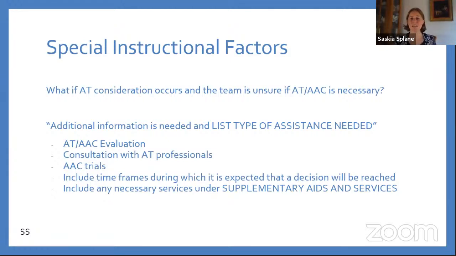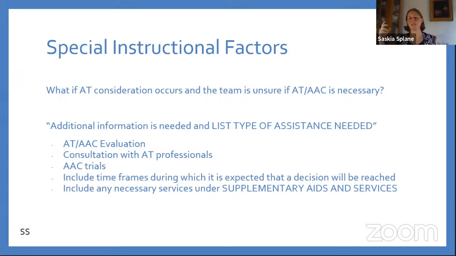If AT consideration is needing to happen and you're not quite sure what's needed yet, you can put something to the effect of additional information is needed and we're going to do an AAC evaluation, or we're going to consult with outside AT professionals. We might be in the midst of trials when that IEP comes around, right?